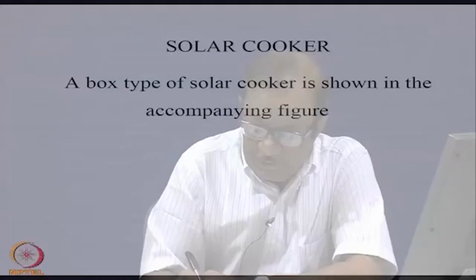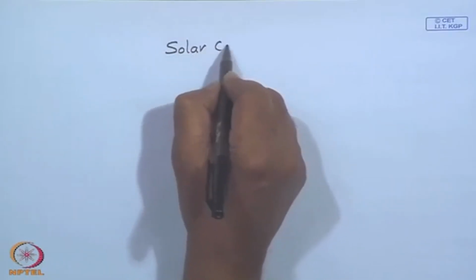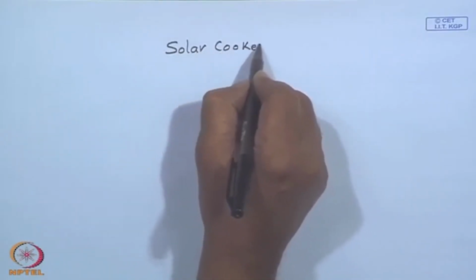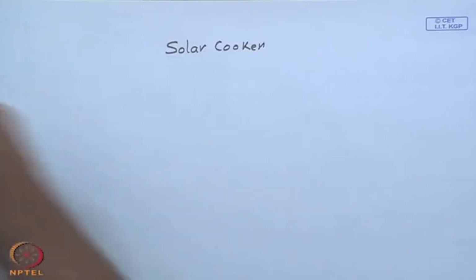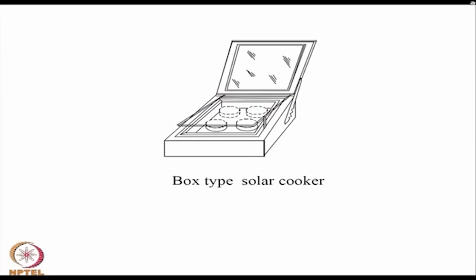So, first we will consider the solar cooker. A box type cooker is shown in this figure.